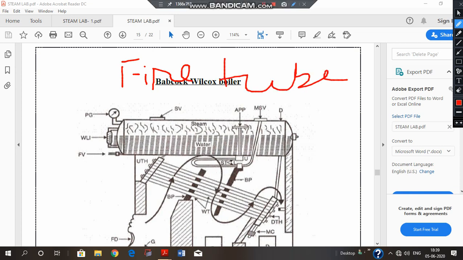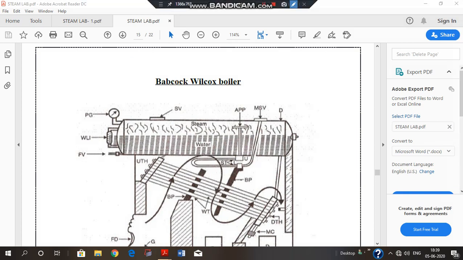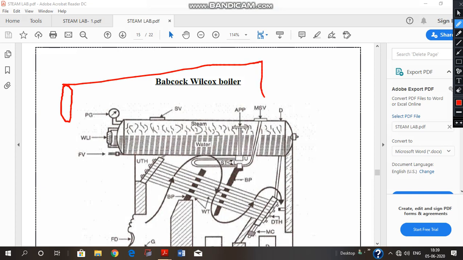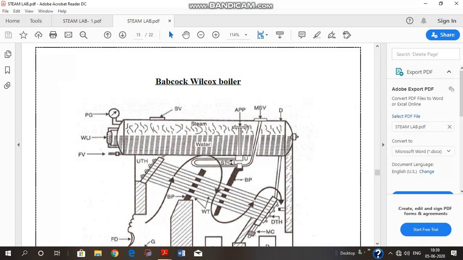The basis of this classification would be clear when we first know that the water in the boiler, the feed water inside the boiler, is not present in the form in which water is present in a vessel. Suppose this is the vessel.